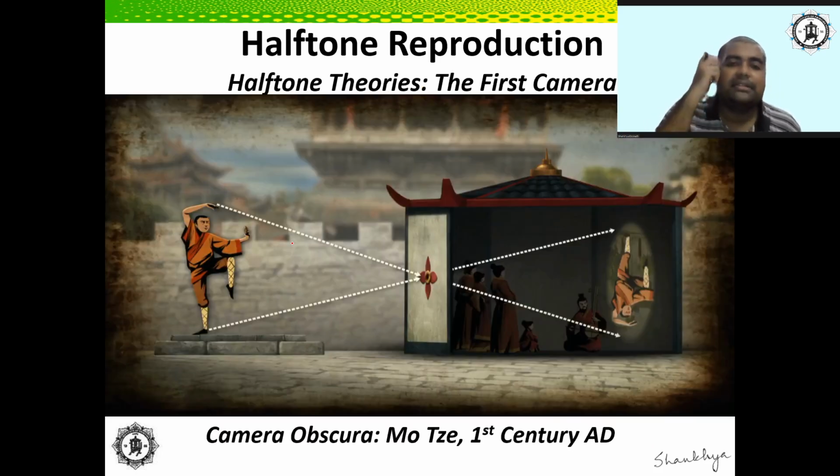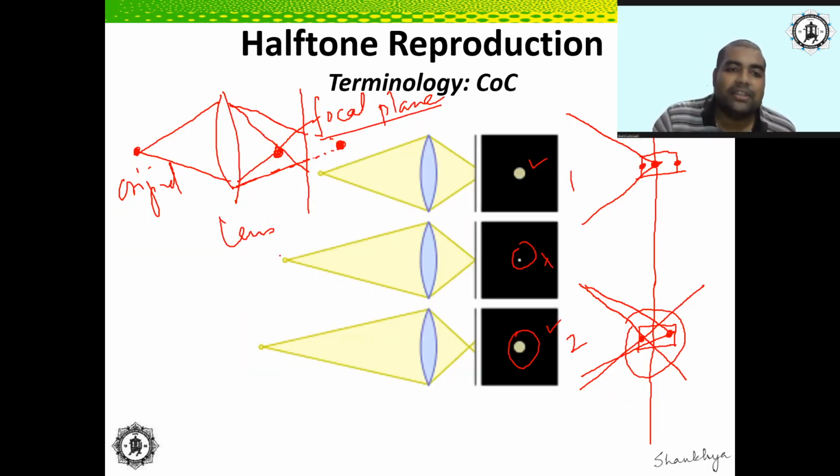Another thing I forgot to tell is that the circle of confusion has a very interesting relationship with the lens aperture. When the lens aperture is this much, the circle of confusion is, let us say, of certain diameter, maybe x1 mm.